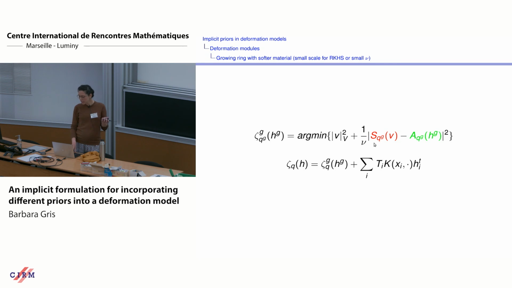However, if we choose parameters corresponding to a softer material, so as I said before, decreasing the scale of the scalar Gaussian RKHS or decreasing nu, then you will satisfy this constraint more easily, so the stress accumulated will be lower, and you will not be able to perturb the initial growth pattern.